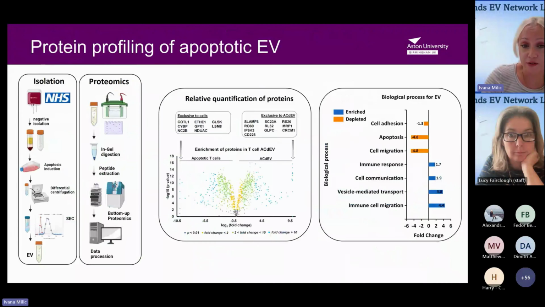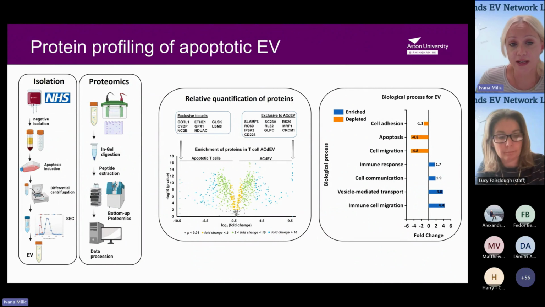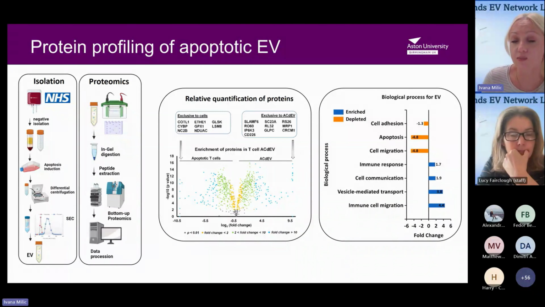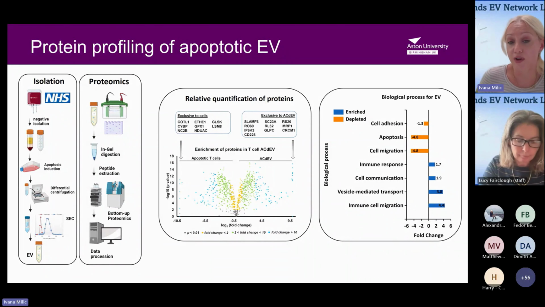So one of the very first things that we've done, we looked at the protein profiling of apoptotic EVs. Now here on the left, you can see how we isolated EVs from the peripheral human blood. We used negative isolation. Here you can see the results specifically from the primary human T cells, CD3 positive T cells.